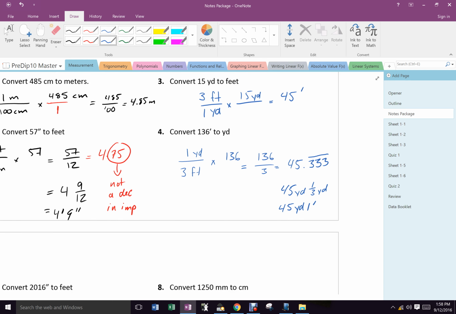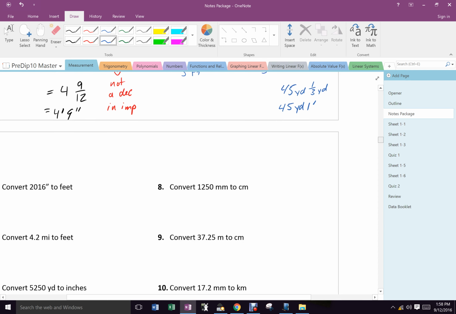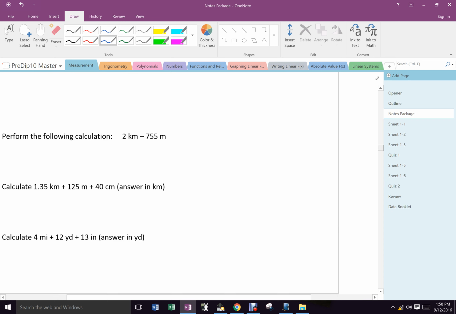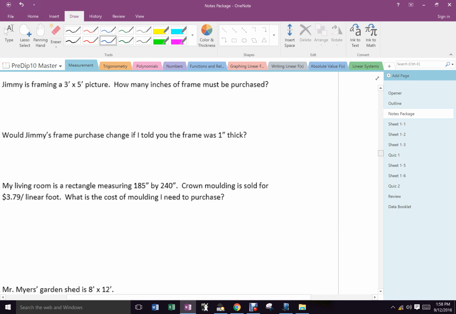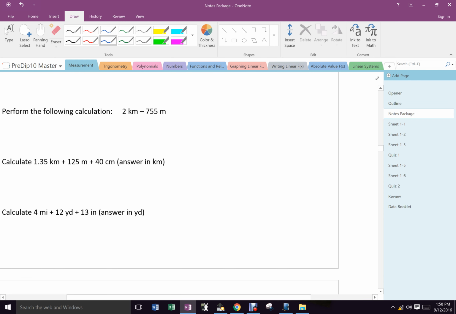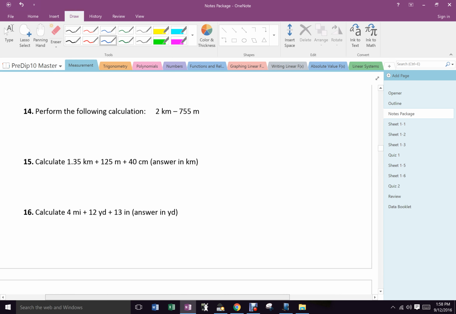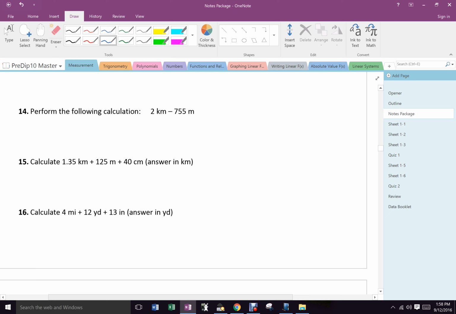Okay. So you guys go ahead and you're going to do up to 16 on your next page. It should go to 16, yes? Okay, that's exactly what we've been doing now. Does your next page end at 16? Good. Go.